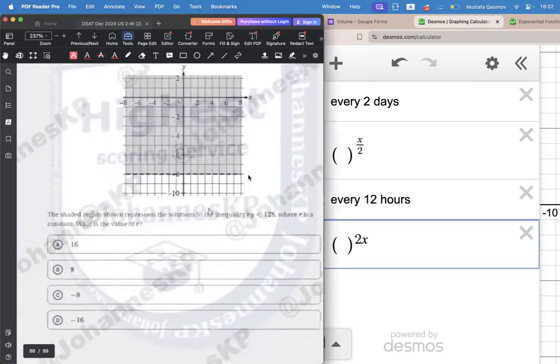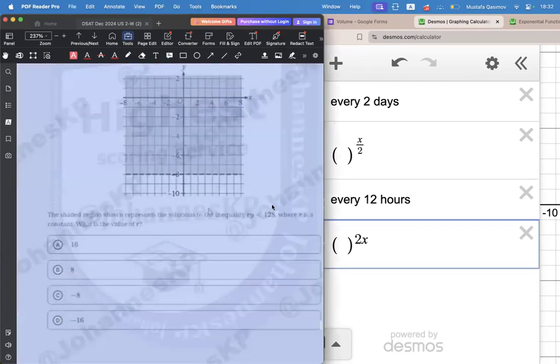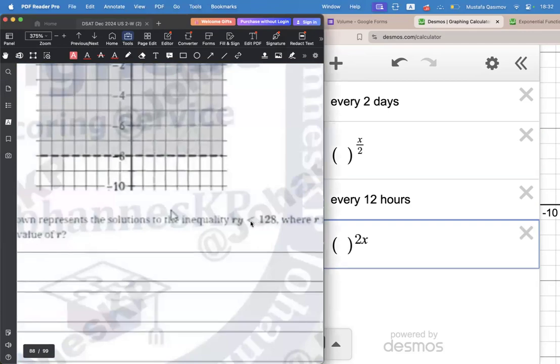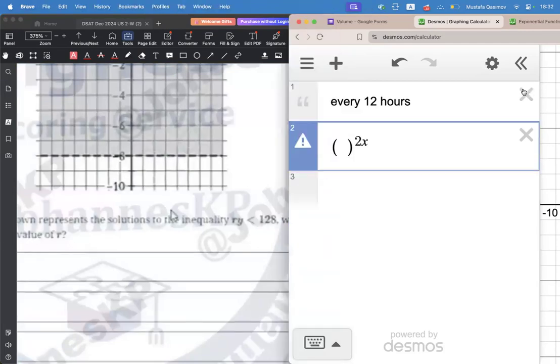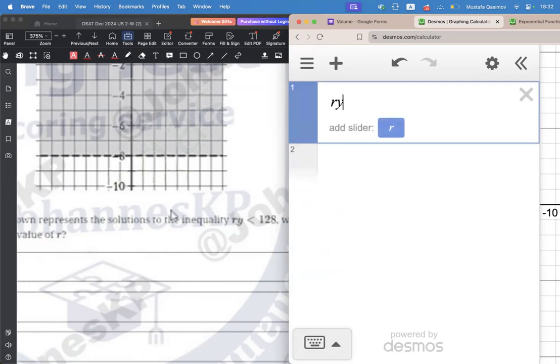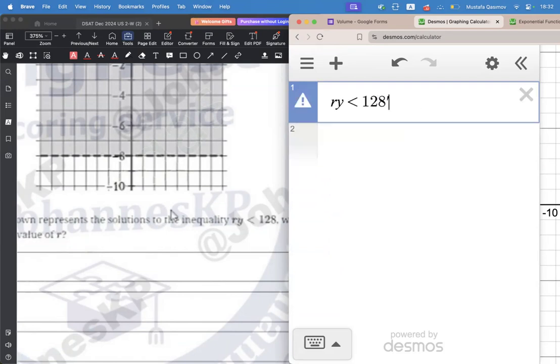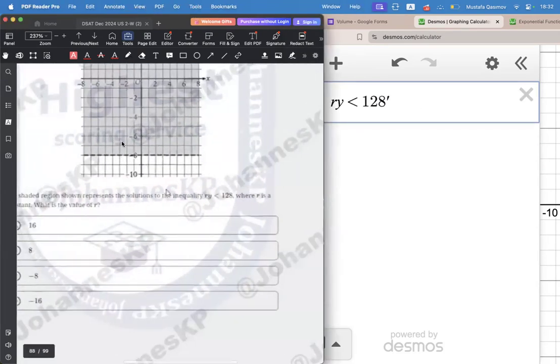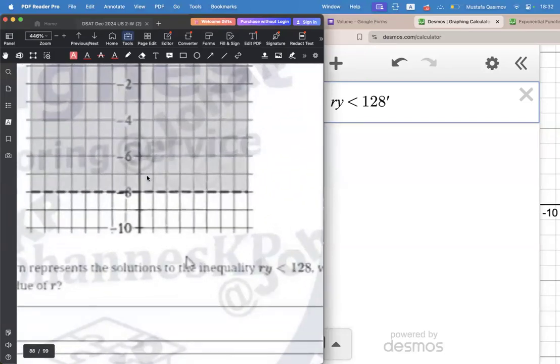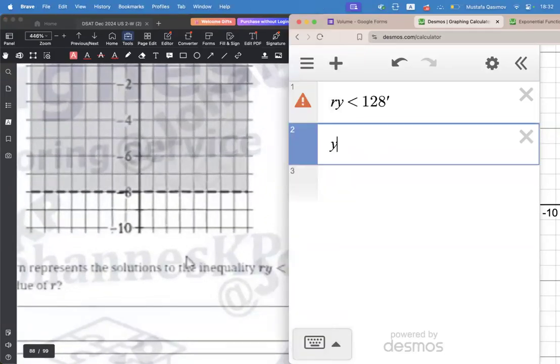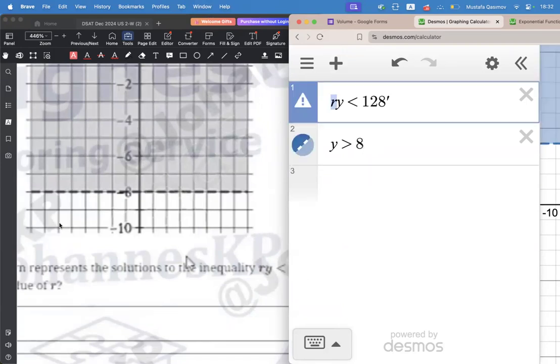Okay, this question. It says that Ry is less than 128. Then you can look at this graph and it means that y is greater than negative 8, like that. Okay, for finding the value of R, you must look.